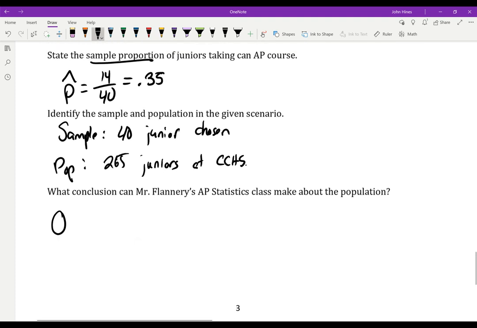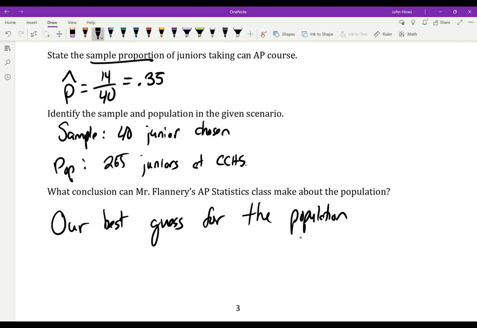So our best guess right now for the true population parameter, the population proportion, I should say, because it's a proportion, that true unknown value, is that 35% of juniors take an AP class.